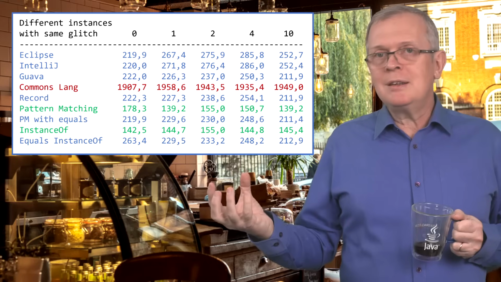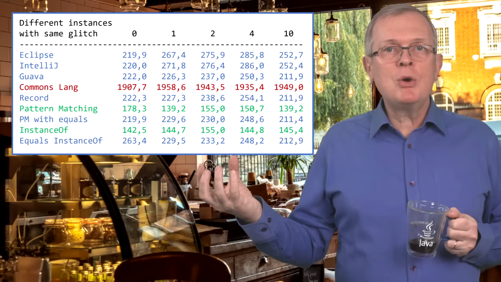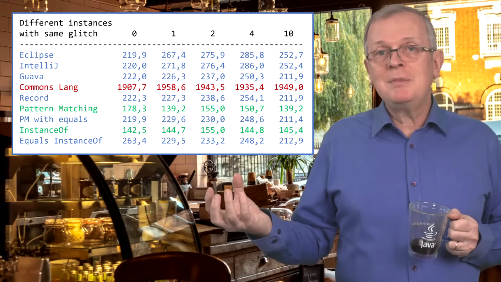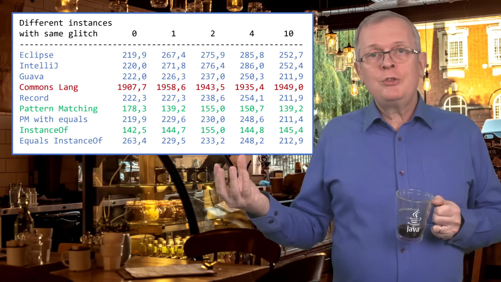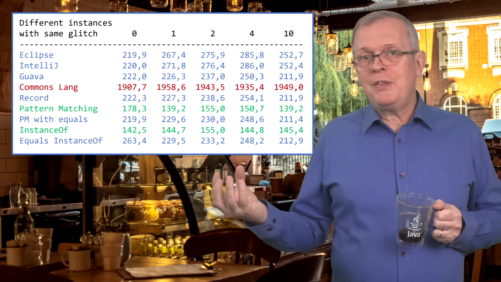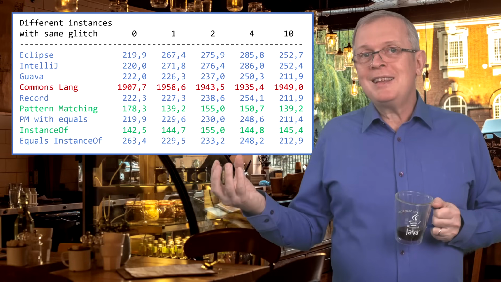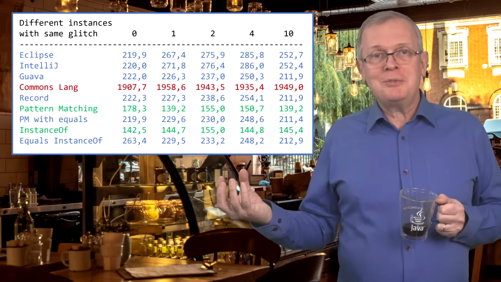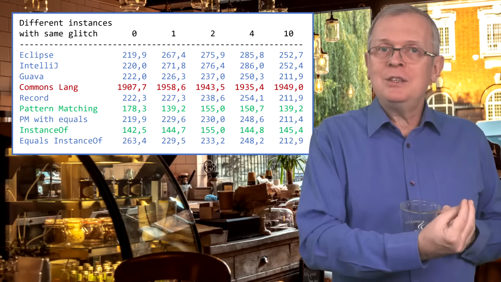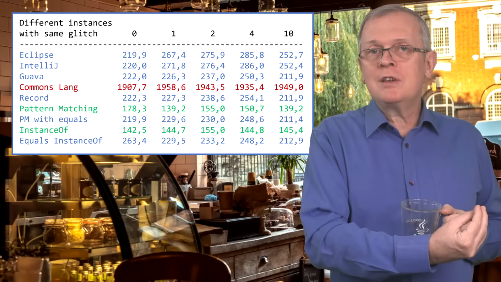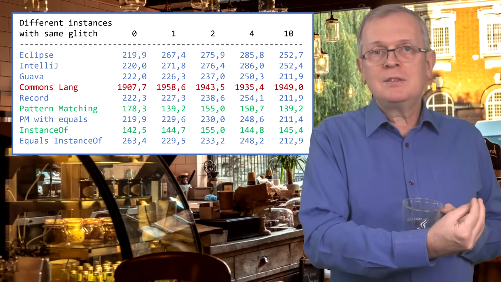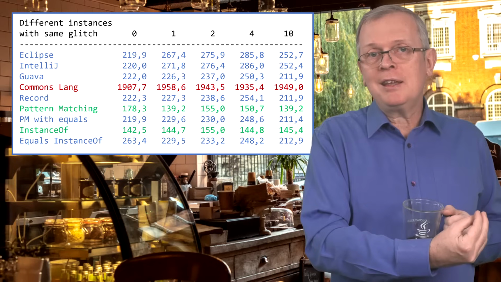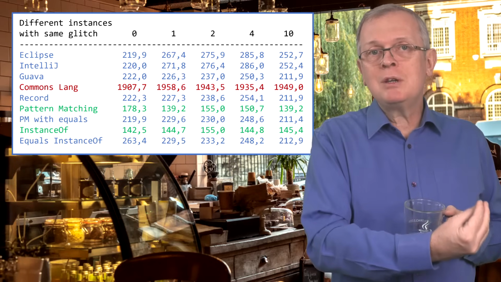On the one hand, you have an instance check that is mostly failing, and sometimes it's a success. And you saw in the predictive branching example that this is a situation that you do not want to find yourself in. And on the other hand, you have a pattern matching or an instance of with a type check somewhere that is never failing, a situation that is much better.